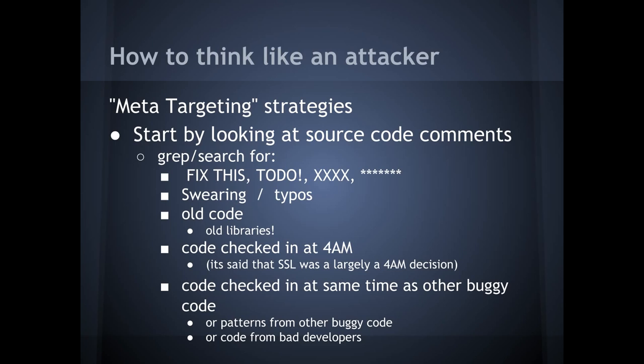And I've actually found 0-days by grepping for things like XXX or bug or vulnerability, and it's basically bad code that the developer never got around to fixing, but they just commented that this might lead to a buffer overflow, or XXX, this is weird, or I don't understand this. Another good thing to search for are curse words, actually, or perhaps typos of common functions.